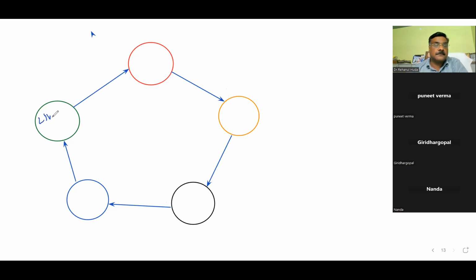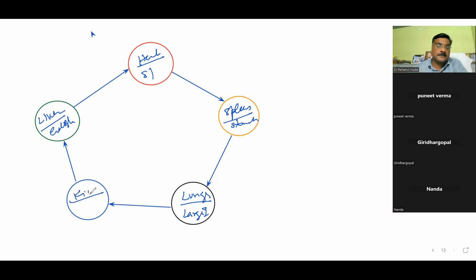The liver and gallbladder, heart and small intestine, spleen and stomach, lungs and large intestine, kidney and urinary bladder.